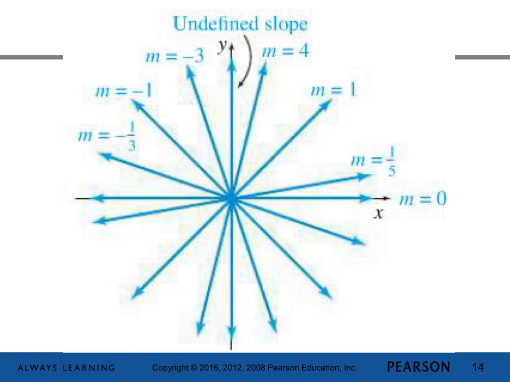Remember that undefined slope is what the y-axis has, because the y-axis is a vertical line. So this slope is undefined. Zero slope is the slope of the x-axis.